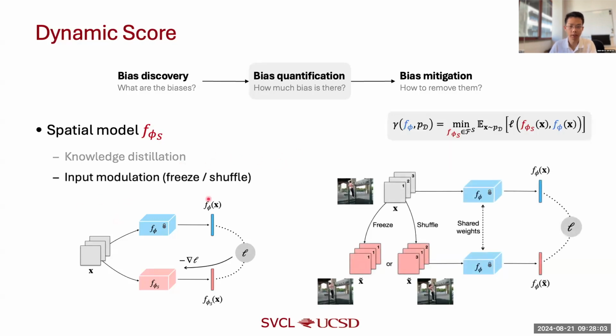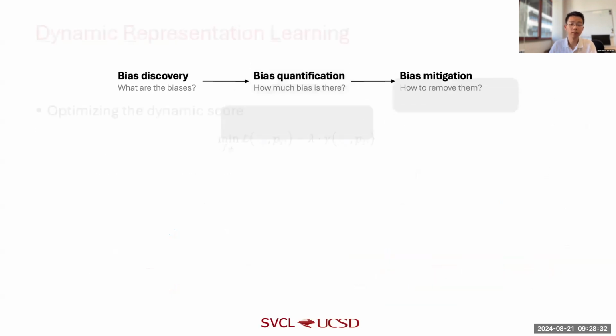So we explored an approximation by reusing the video model and instead modulating its inputs in a way that removes the temporal information. More specifically, this can be done either by freezing the video clip at one particular frame or shuffling the video frames at random. This way, the output from the video model on the shuffled or frozen input would also encode no temporal dynamics of the original video.